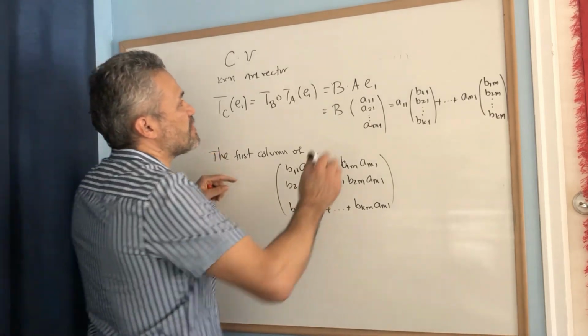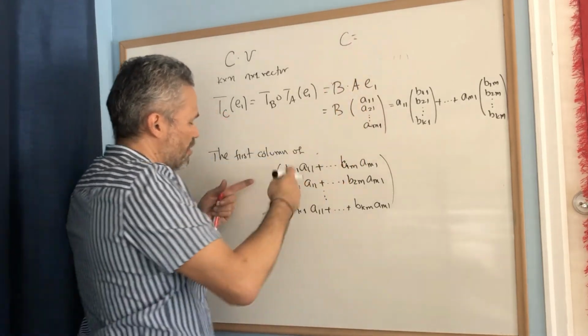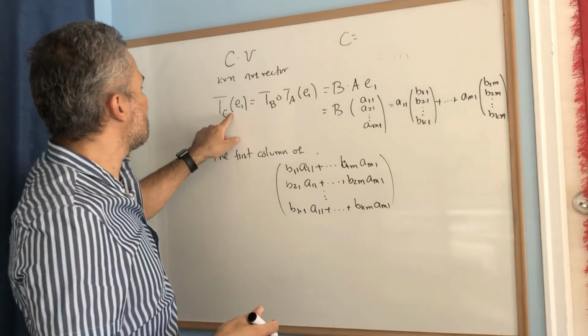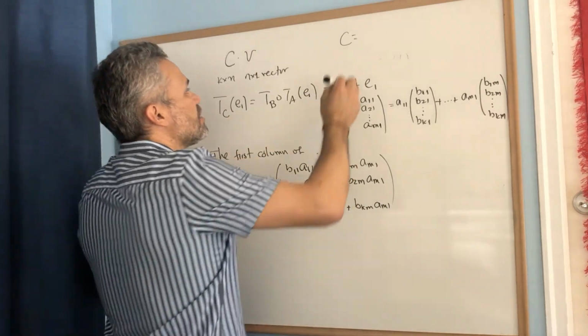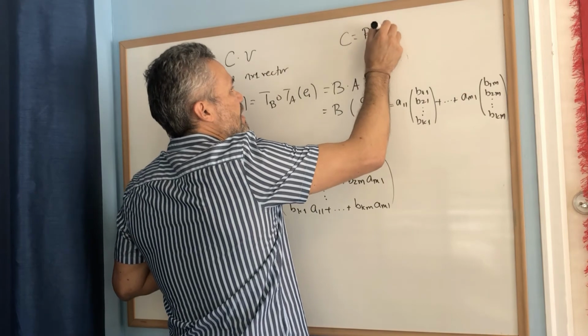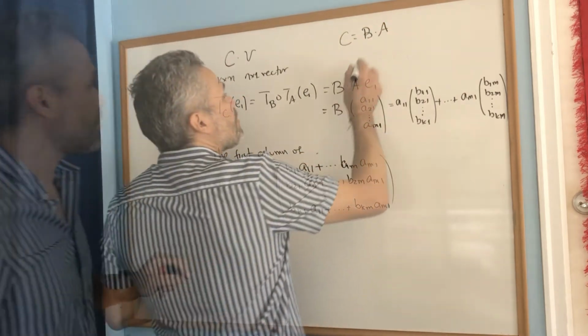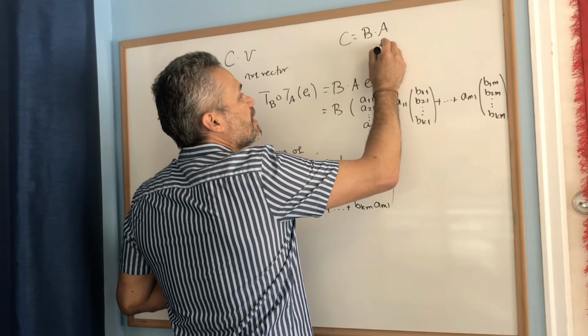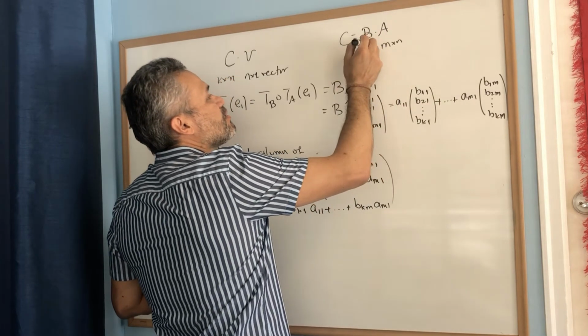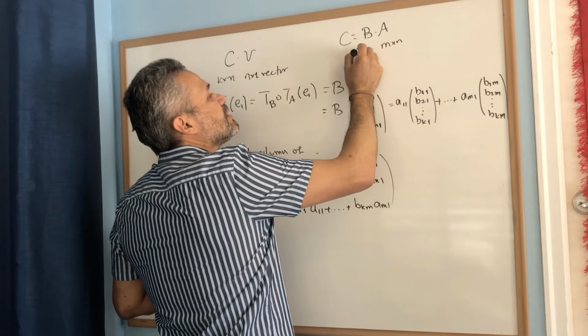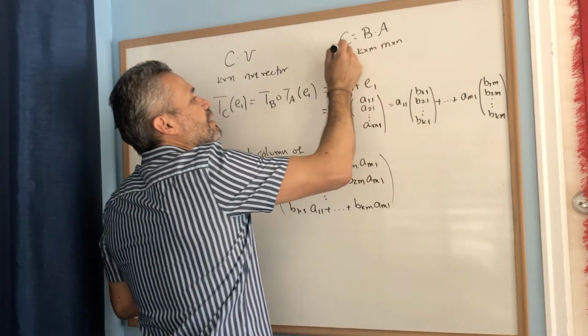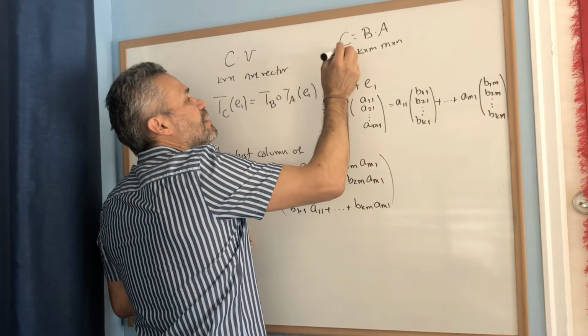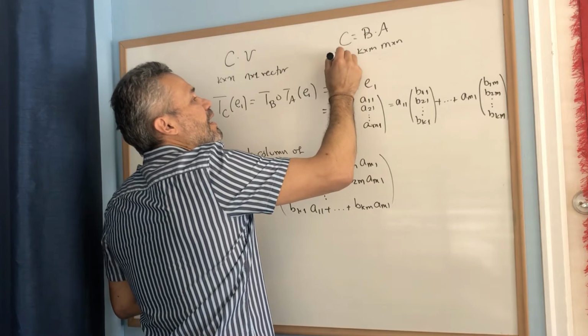You can do the other columns, and by notation this matrix C is denoted as the matrix B times A. Remember that the dimension of A is m by n, the dimension of B is k by m, and the dimension of C is k by n.